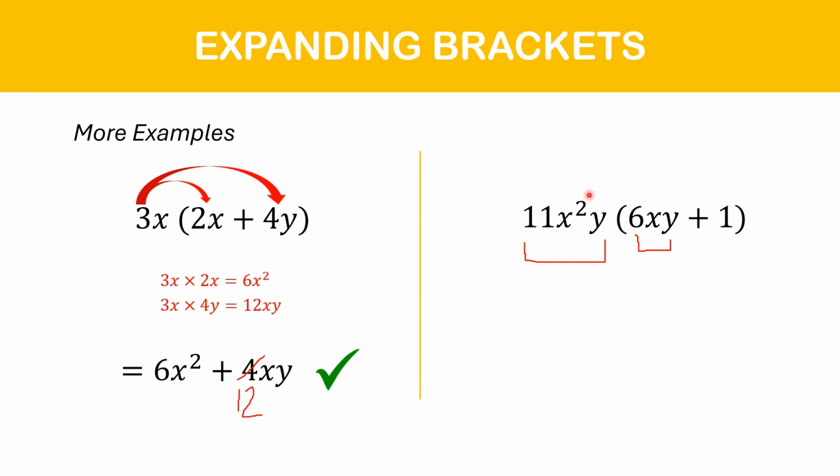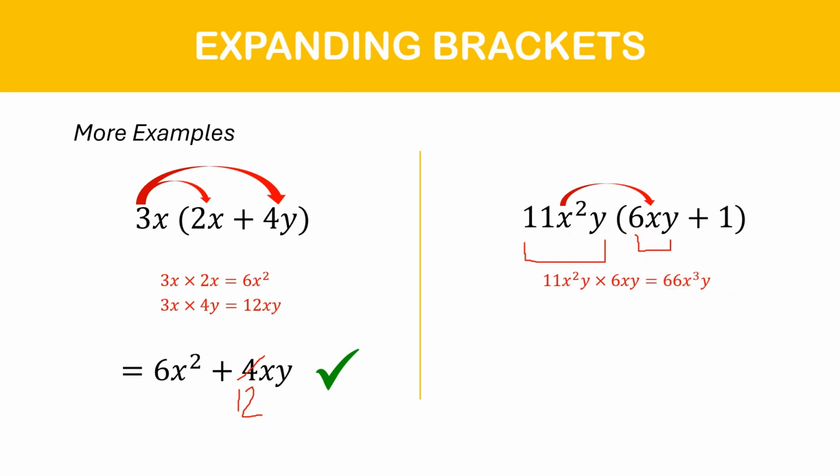So 11x squared y times 6xy gives us 66 for 11 times 6, x cubed because I've got x squared, which is xx, and another x. So 3 x's in total, meaning x to the power of 3, and then keeping that y.